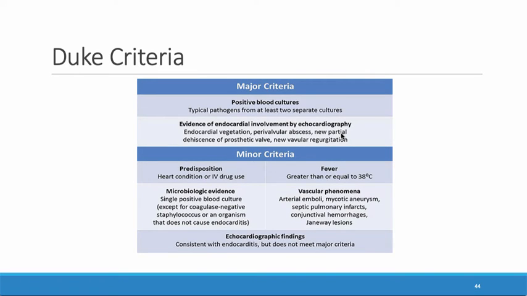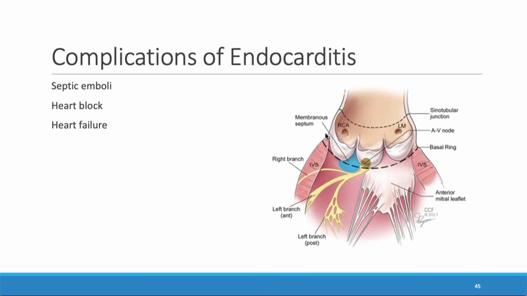And if we can't, then we do a TEE to get crystal clear pictures. So all these minor criteria we don't really play around with as much anymore. They do for subacute bacterial endocarditis, and infectious disease specialists may get involved with that. But we really don't have to worry about most of that anymore because the echoes are so good.